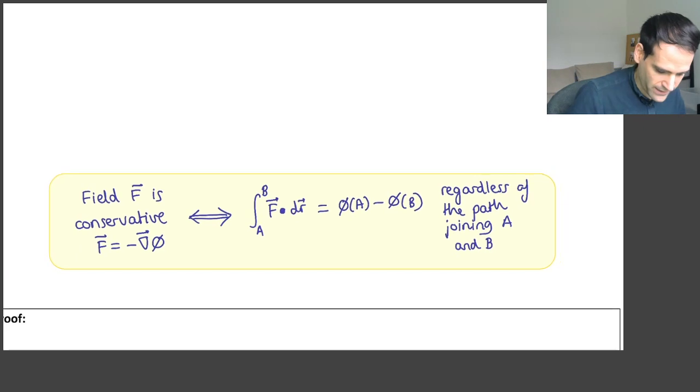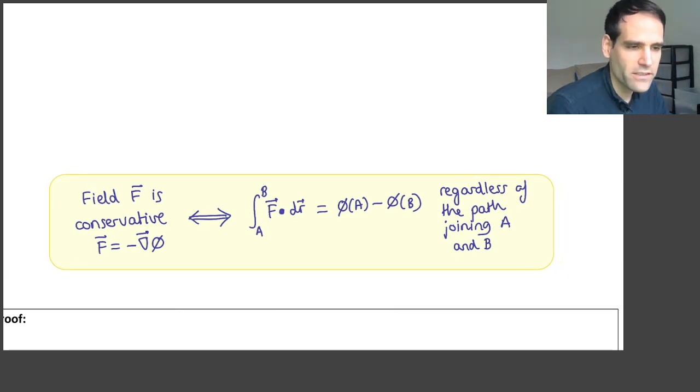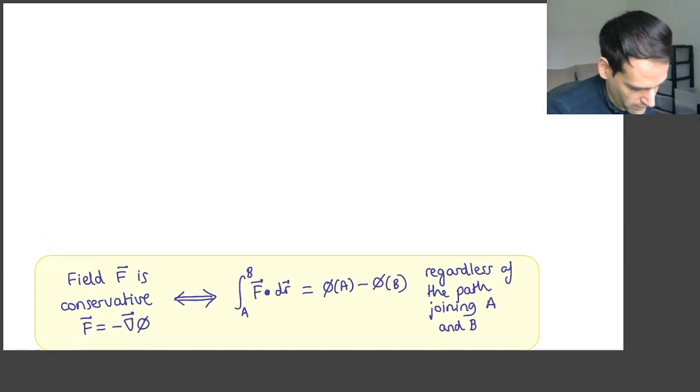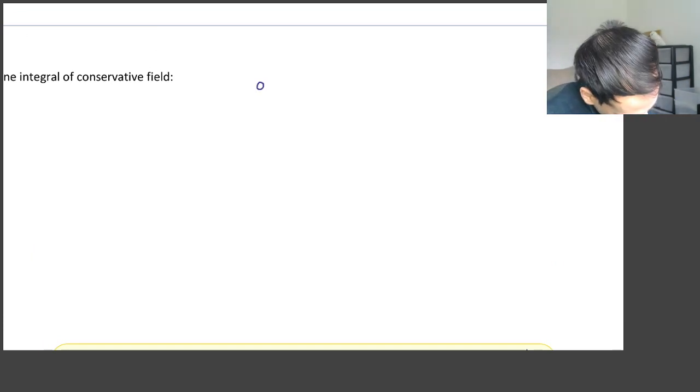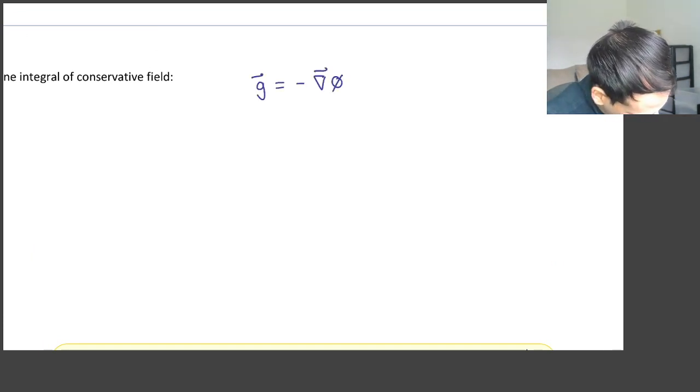So let me explain this. You are used to this, especially with gravitational fields, right? So let's remember that the gravitational field is the minus gradient of the gravitational potential. So this is the gravitational field, and this is the gravitational potential.